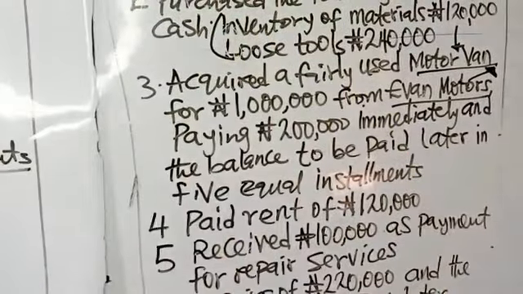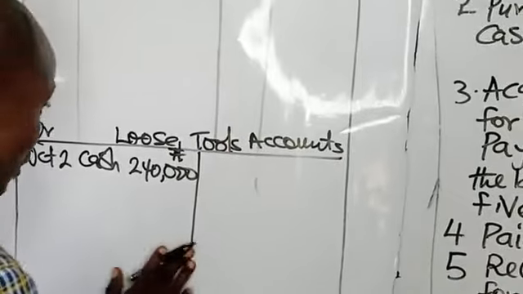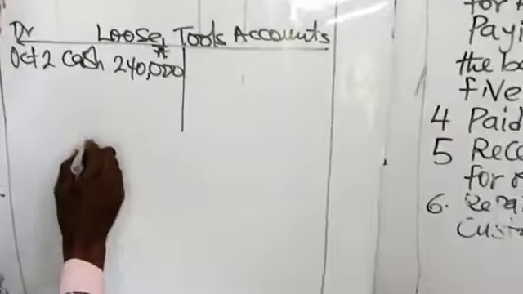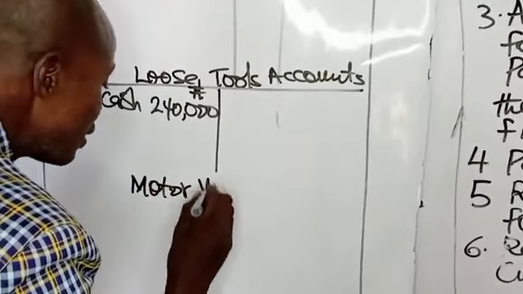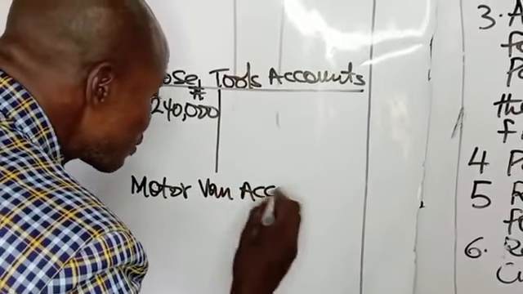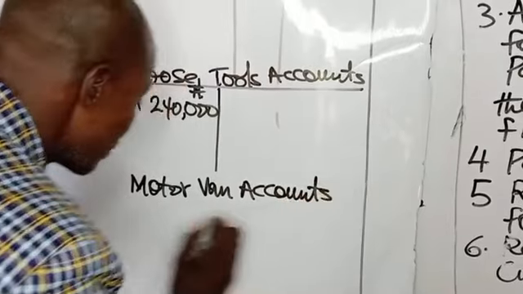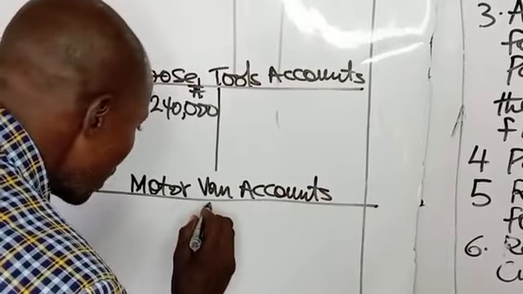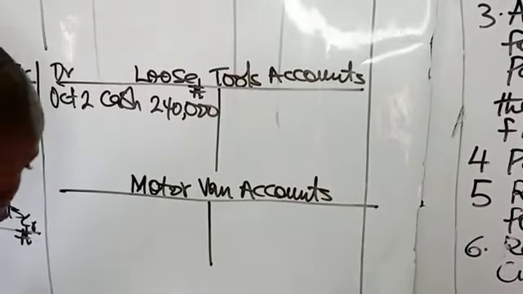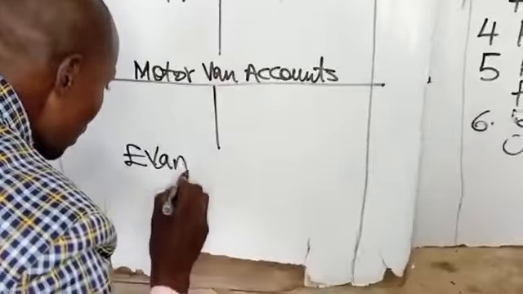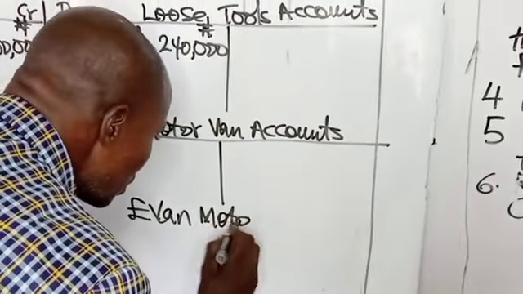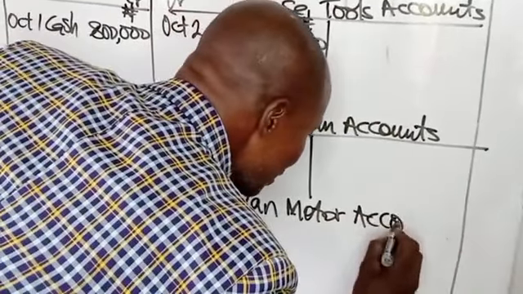Now let's open ledger accounts for them. So now let's have the motor van account. Then let's also open the Evans Motor account.